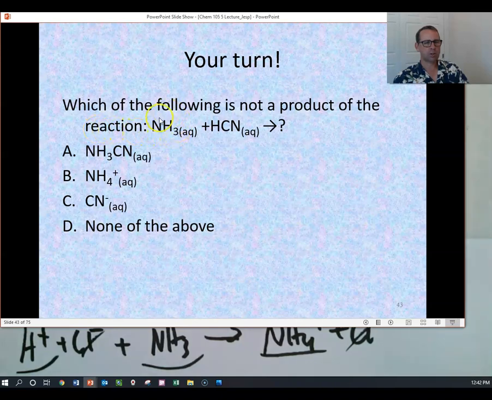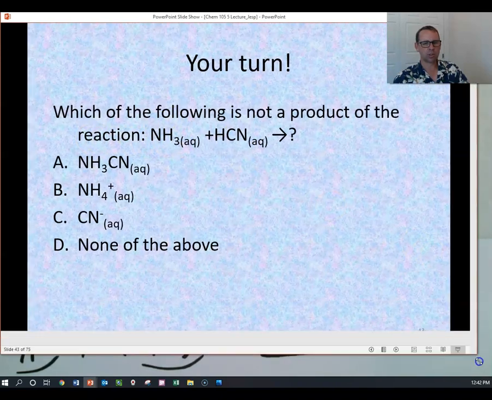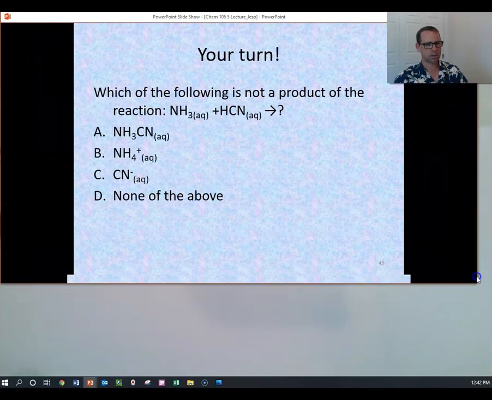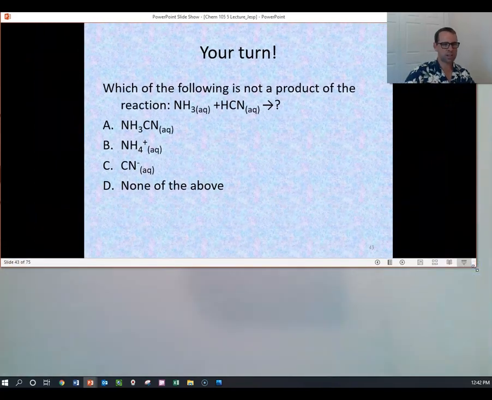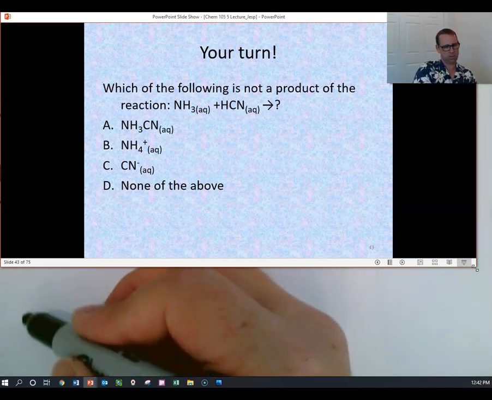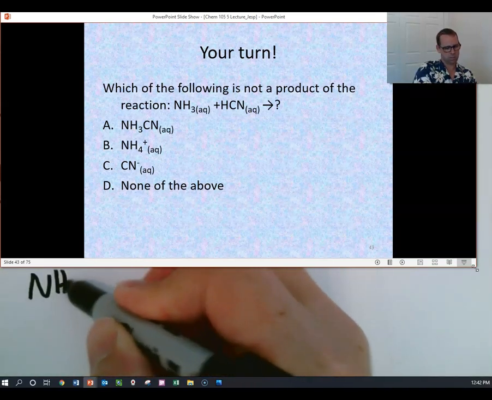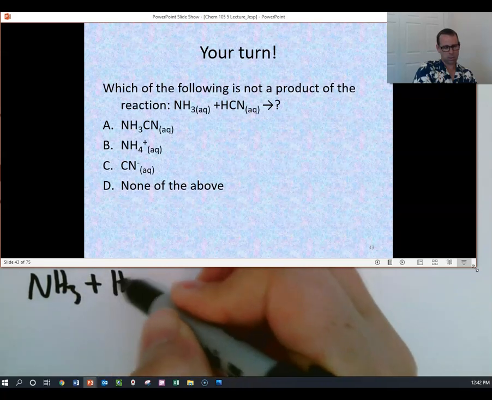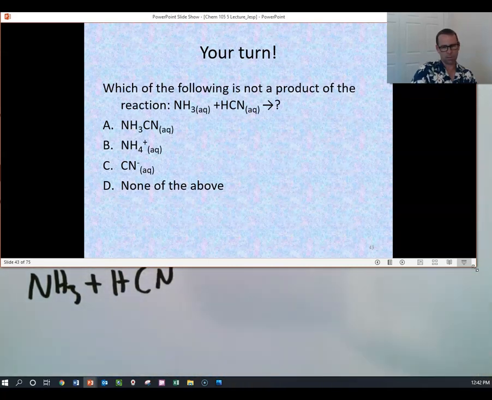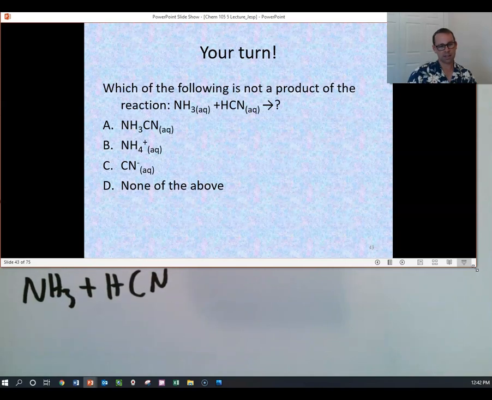So if I have NH3, which is a weak base, and it's combining with HCN, do you know what kind of a compound HCN is? Here's a hint. It starts with a hydrogen ion. What's that? A base. It's an acid.